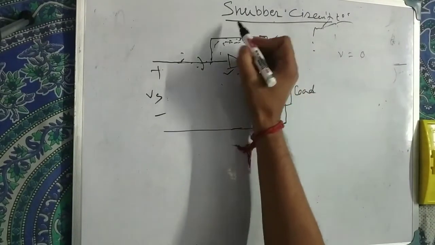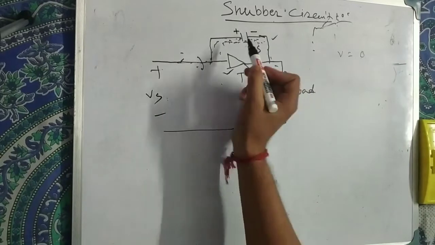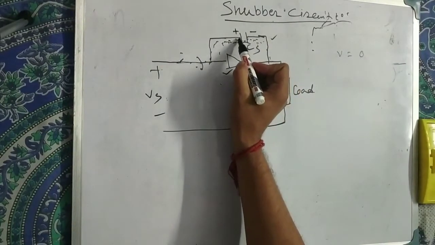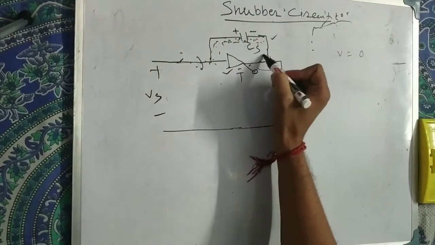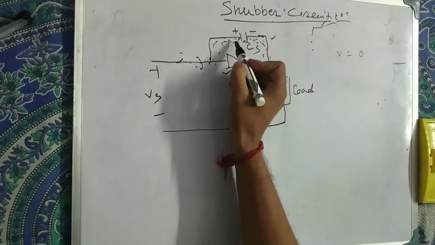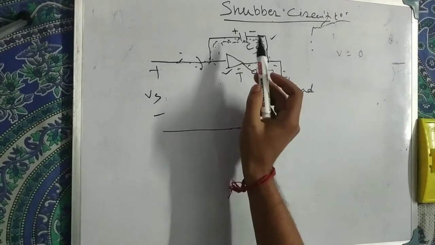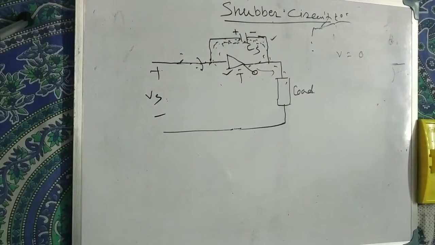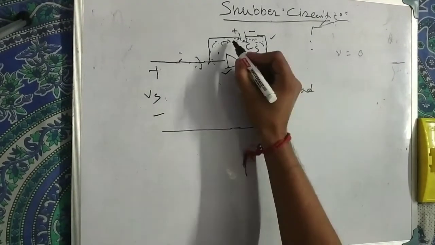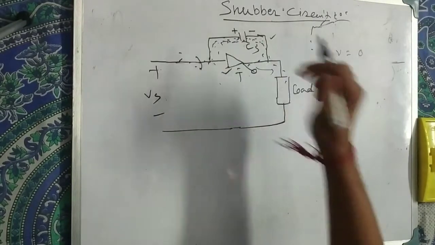The capacitor has charged positive, negative. Now what will the capacitor do? The capacitor will discharge through this SCR. If the capacitor discharges through this SCR, what will happen? Here another problem will arise. What problem?